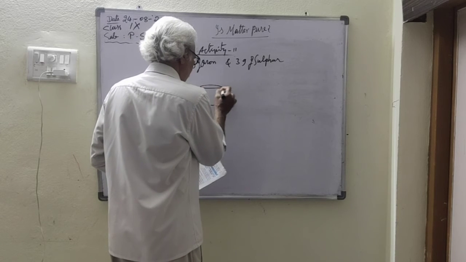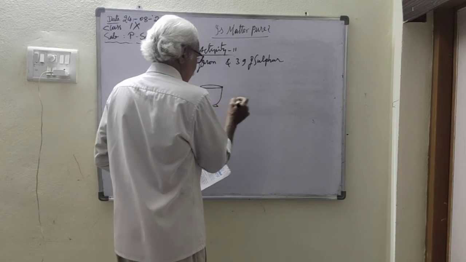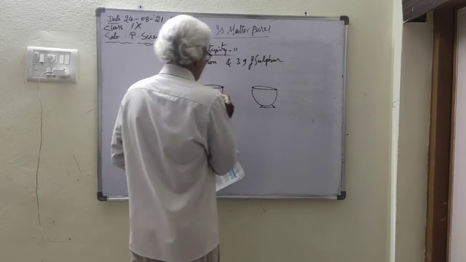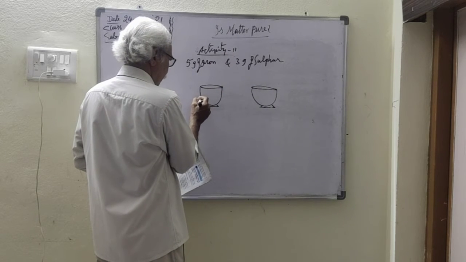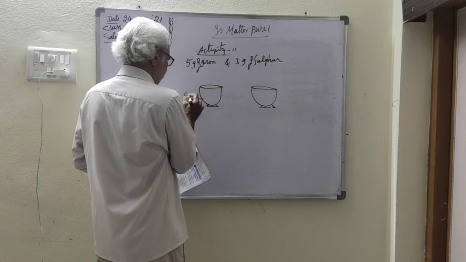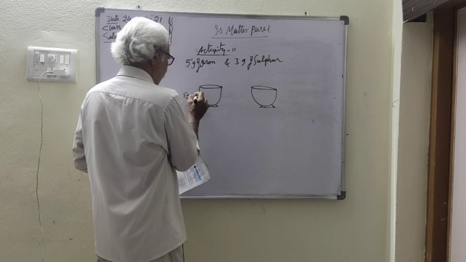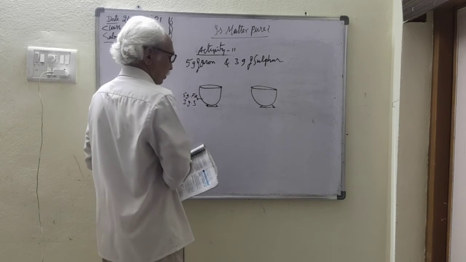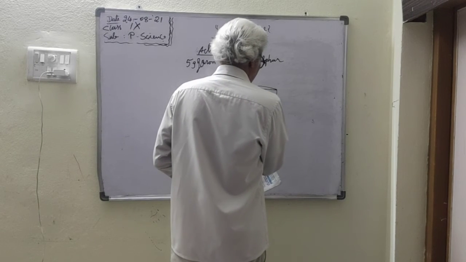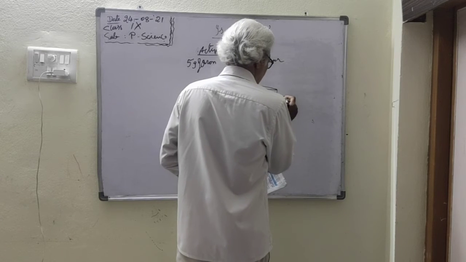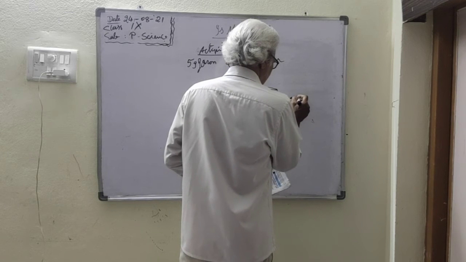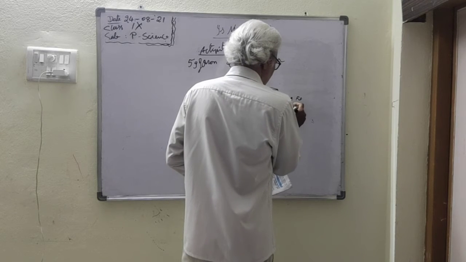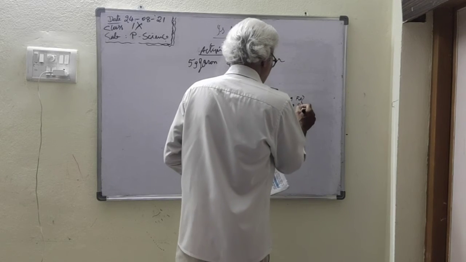There is one China dish here, and here also there is one China dish. Here we take this composition: 5 gram iron plus 3 gram sulfur. Here also we take 5 gram iron plus 3 gram sulfur.